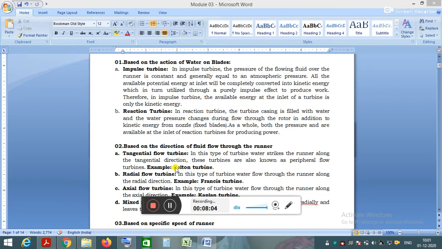Tangential flow turbine. In this type of turbine, the water strikes the runner along the tangential direction. What is a tangent? It is a line passing through a point on a circle, right? Here also, in a tangential flow turbine, the water enters the turbine in the tangential direction.